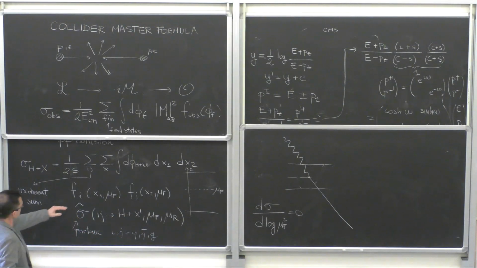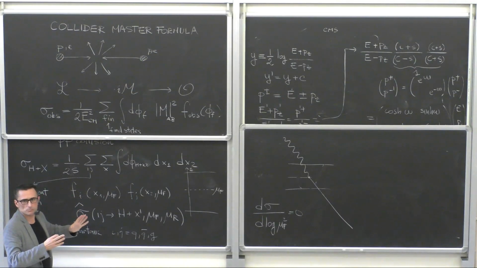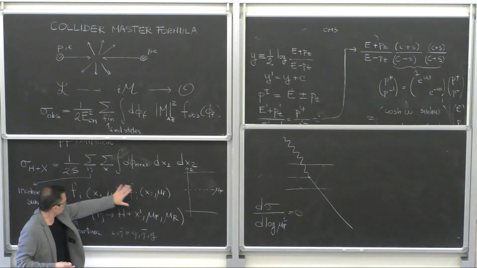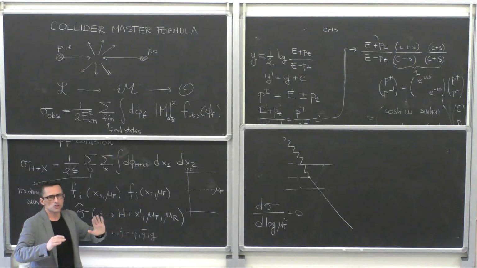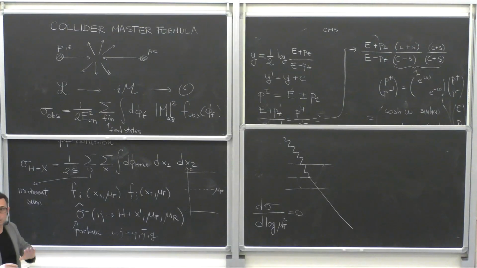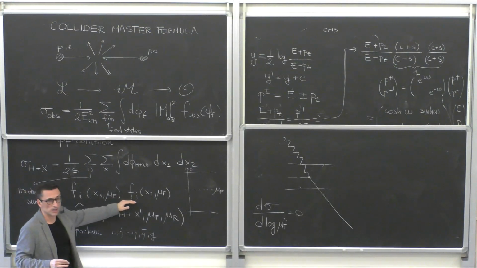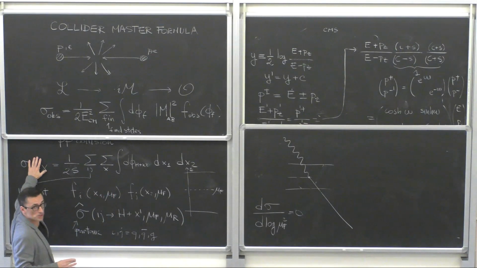So these objects at tree level have a probabilistic interpretation, right? Because these are probabilities. When we go to higher order, it's not true anymore because they can even be negative. Okay, there is no condition on the positivity of the f. The only thing that needs to be positive is sigma.